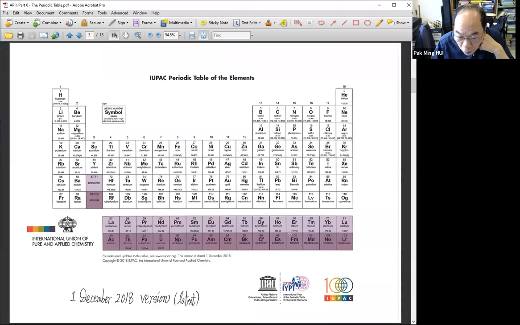This is Fermium. So maybe they suddenly found that they hadn't honored Fermi, who did a lot of work on flying neutrons into different things, all the other elements. That was the Nobel Prize awarded to Fermi for that work.